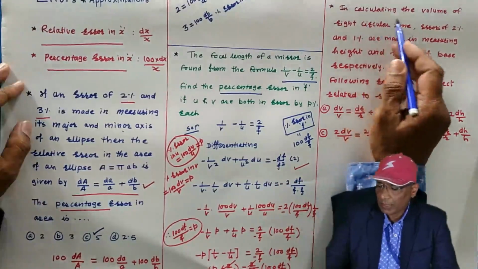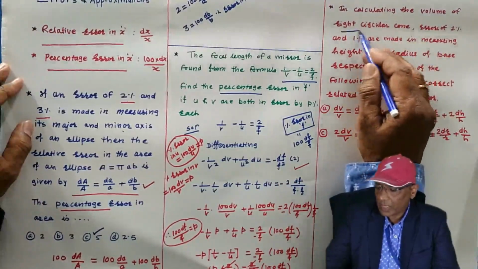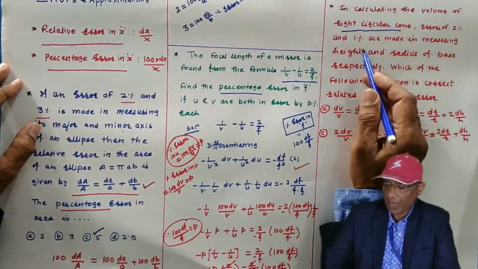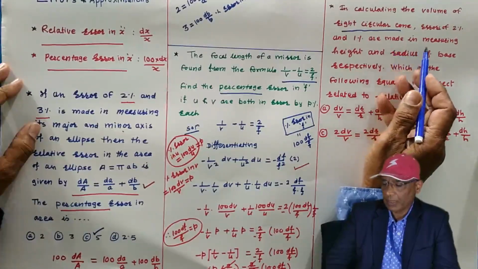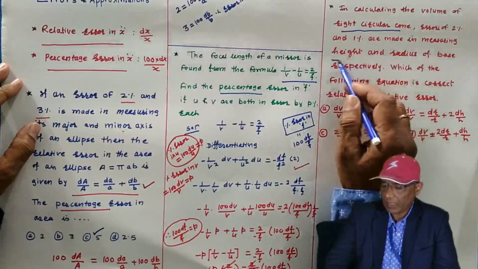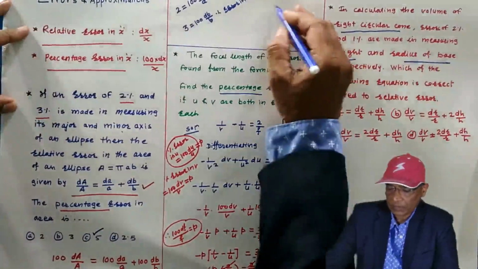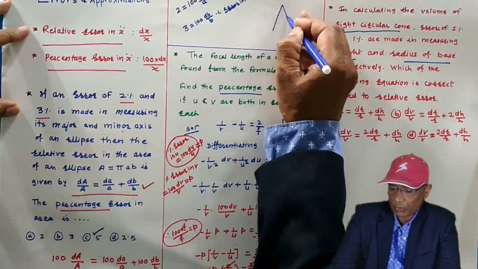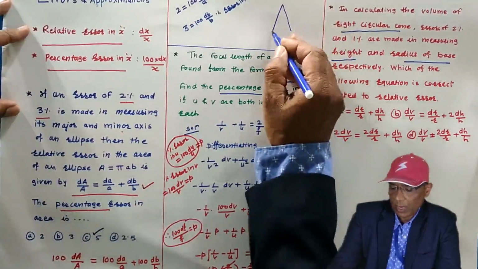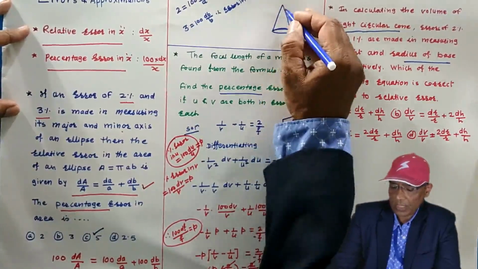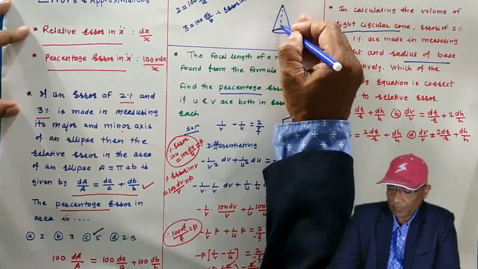In calculating the volume of a right circular cone, errors of 2% and 1% are made in measuring the height and the radius of the base of the right circular cone. Okay, this right circular cone I am going to draw, and there are two parameters, or variables, in this problem.